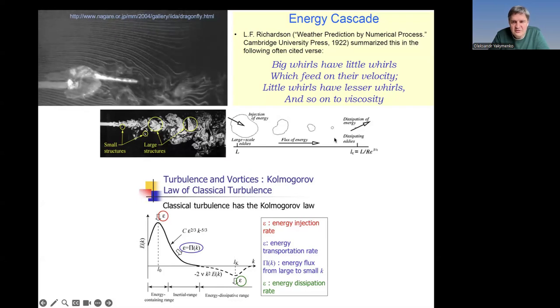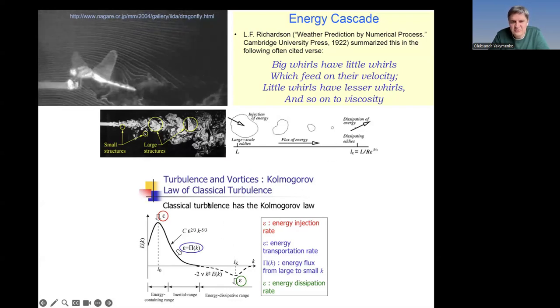The cascade of these vortices forms the so-called Kolmogorov cascade, which means that if you have some input of energy at the large scale, then due to the transformation of these vortices, which is described in this nice small poetry: big rolls have little rolls which feed on their velocity, little rolls have lesser rolls, and so on to viscosity. Sorry for my English, but I think you get the idea.